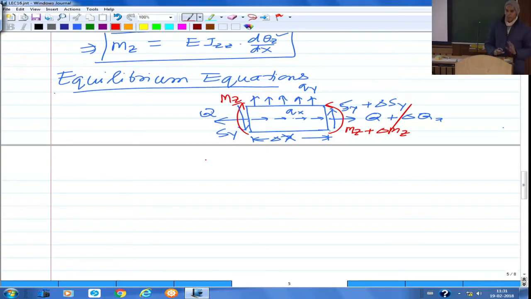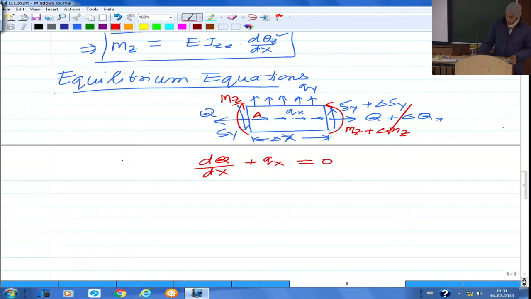Now you write the sum of the forces along x direction, y direction, and moment about the z axis, say at any point A here, and you can get those three equations. So I am directly going to write those equations. The first equation is the sum of the forces along x direction equal to 0, so that will give you delta q plus qx into delta x equal to 0, which gives rise to one equilibrium equation as dq by dx plus qx equal to 0.